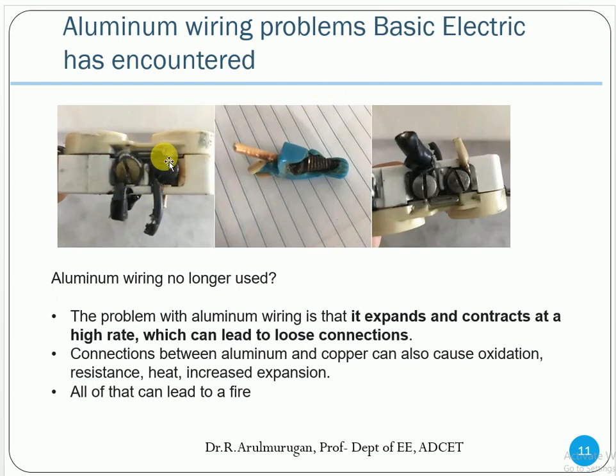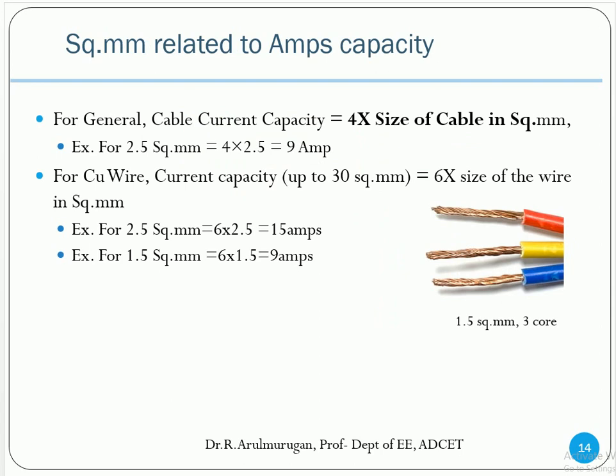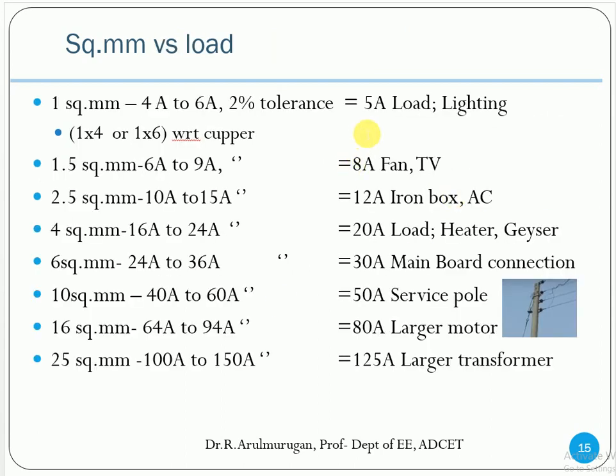It quickly oxidizes, reacts and melts. That's why we don't prefer it. And square mm: you select it with respect to your rating, that is, your load. With respect to that, you select your square mm. We discussed that.